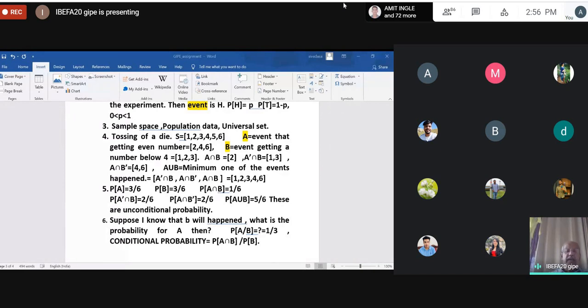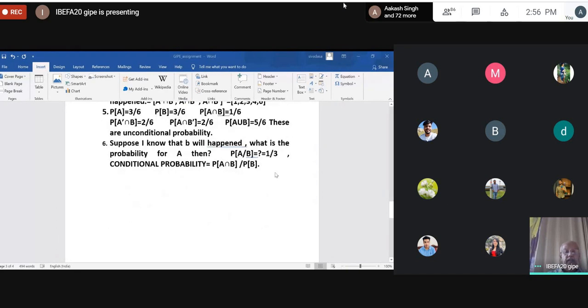Let us do one more example once again. A card is selected at random from 52 playing cards.